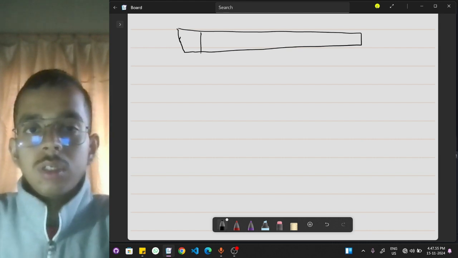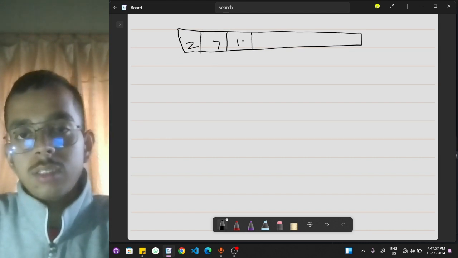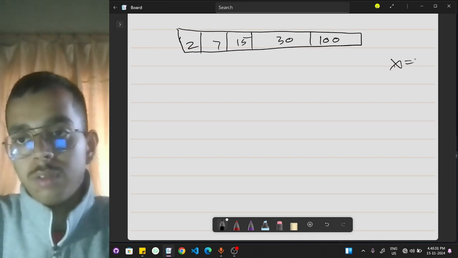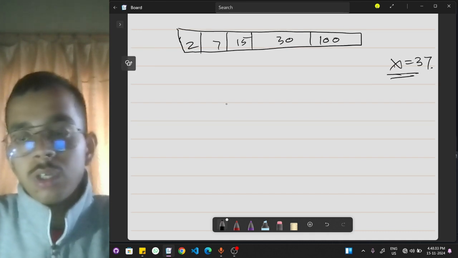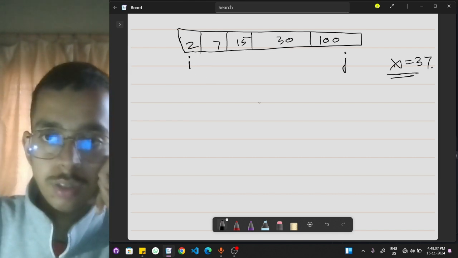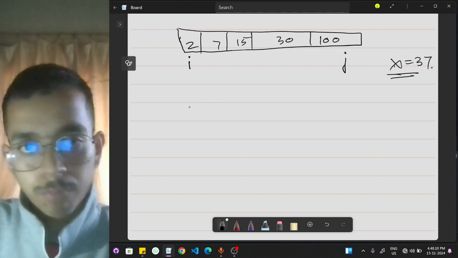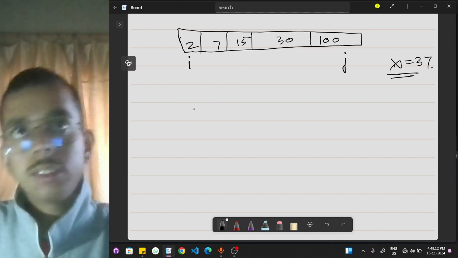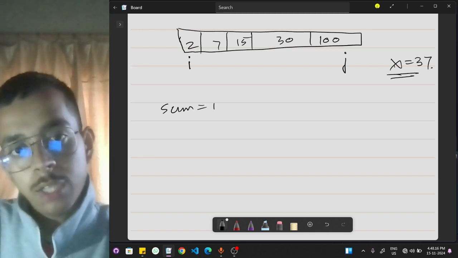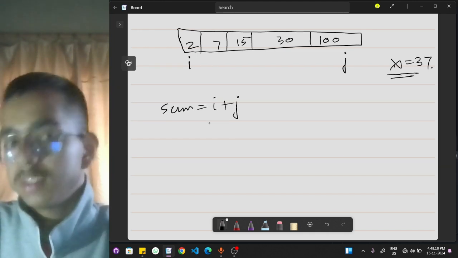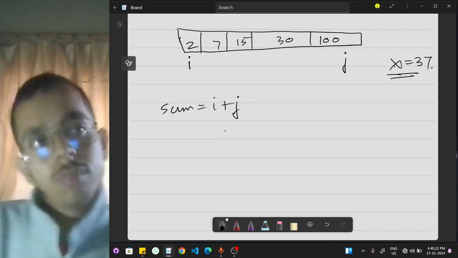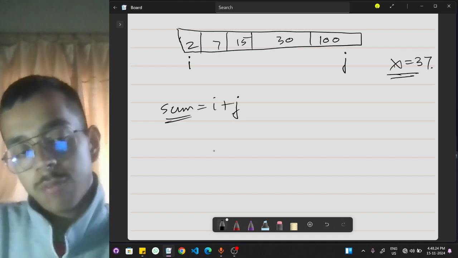So as we have seen, the array is 2, 7, 15, 30, and 100, and our target value is 37. We take i here and j here, and we will adjust our sum. The sum is i plus j, and we will adjust it. How? If the current sum falls behind 37, meaning the current sum is less than 37, we increase i, because increasing i increases the current sum.